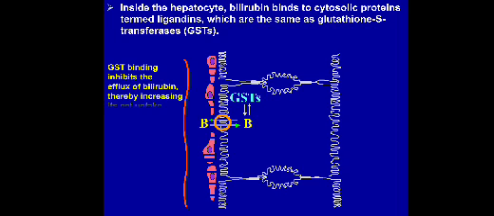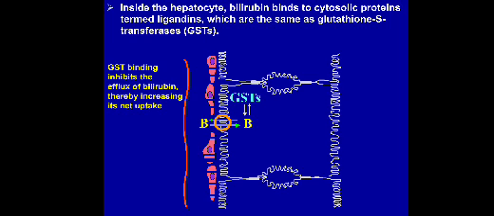Okay, so GST binding inhibits the efflux of bilirubin, thereby increasing its net uptake.